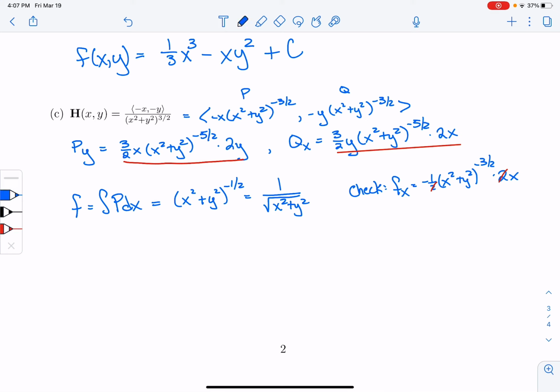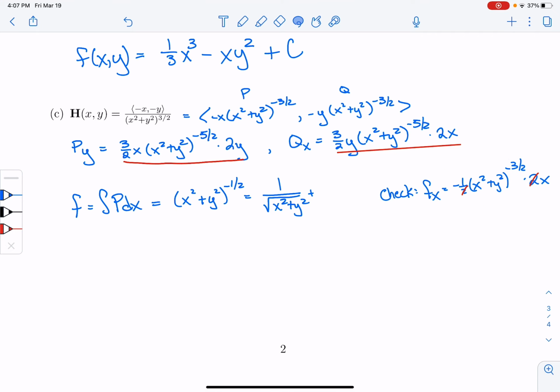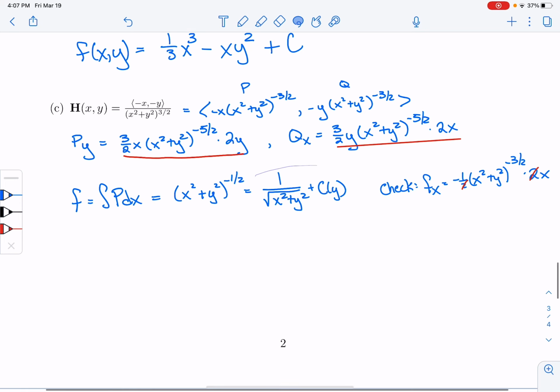So I've found my antiderivative there. But I need to have a plus c of y. It's very important that I don't forget that.